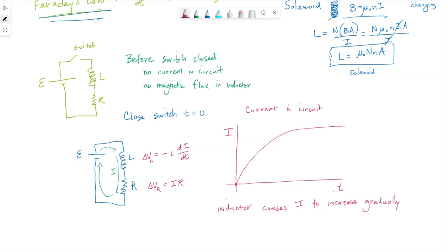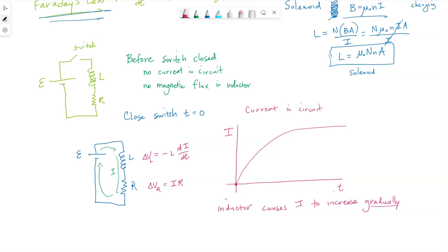Now that's not necessarily the right word. Gradually in that the current itself cannot jump instantaneously from 0 to some final value.